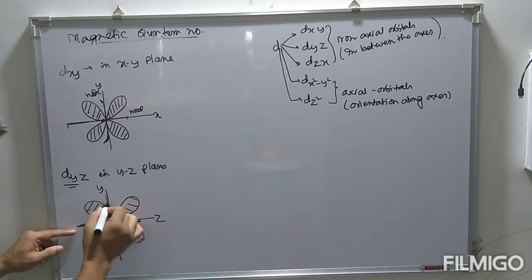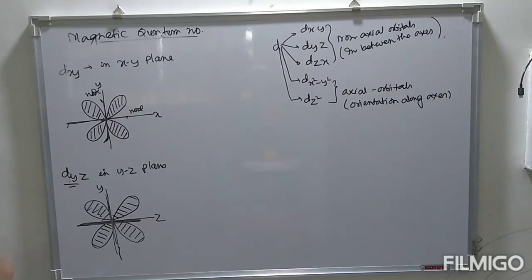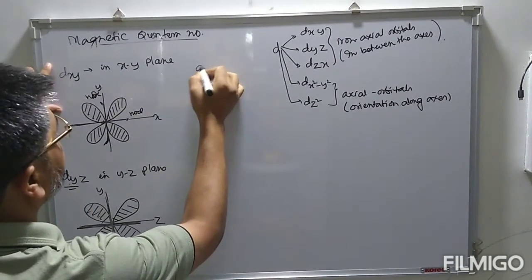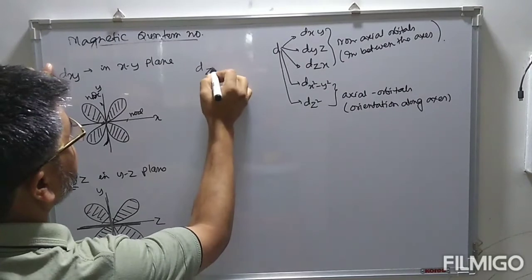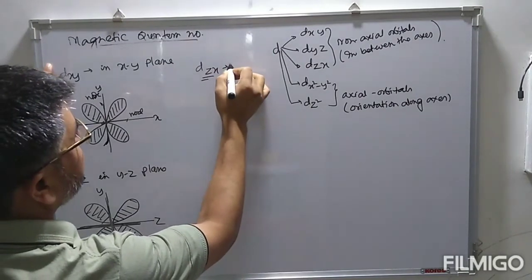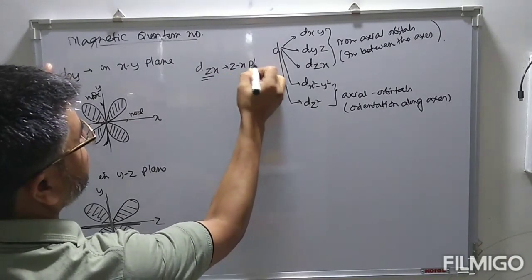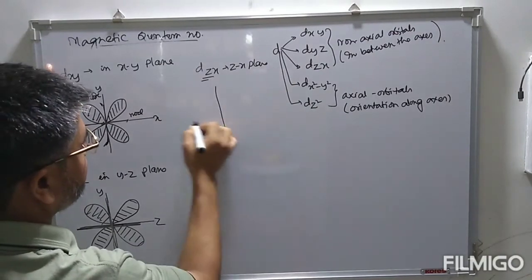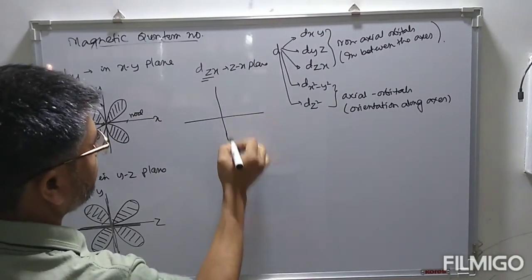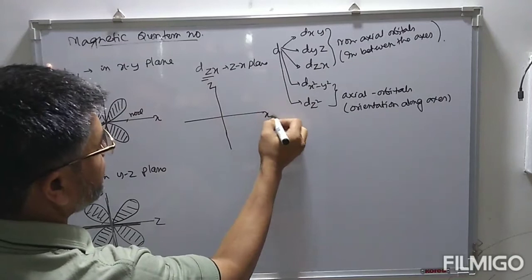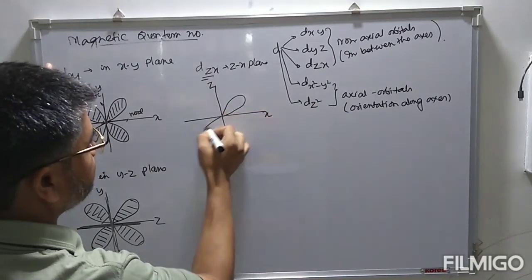This is a nodal plane, this is also a nodal plane. Then we have dzx in zx plane. Suppose this is Z, this is X.